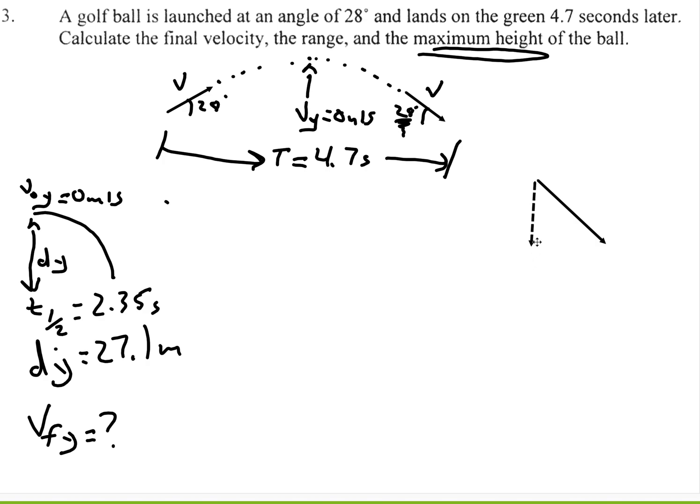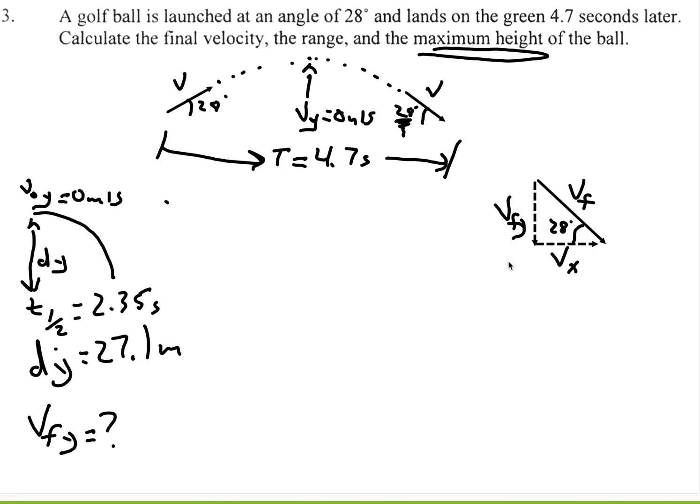So we'll have Vfy and we'll have Vx. And it would be nice if I could make that a 90-degree angle. There we go. Much better. So this would be Vf, the hypotenuse. This is going to be Vfy. This is going to be Vx. And I know this is 28.